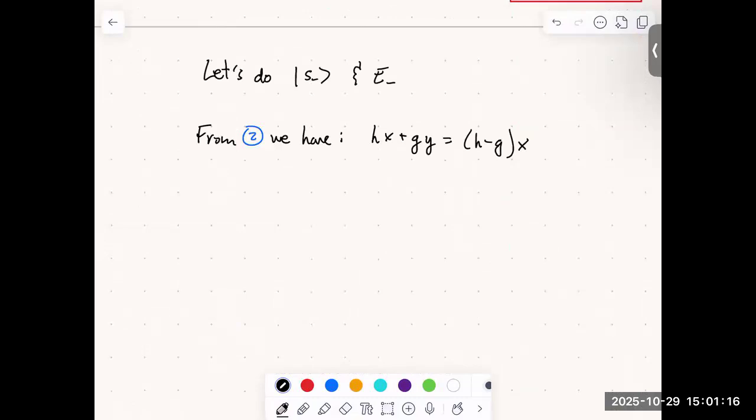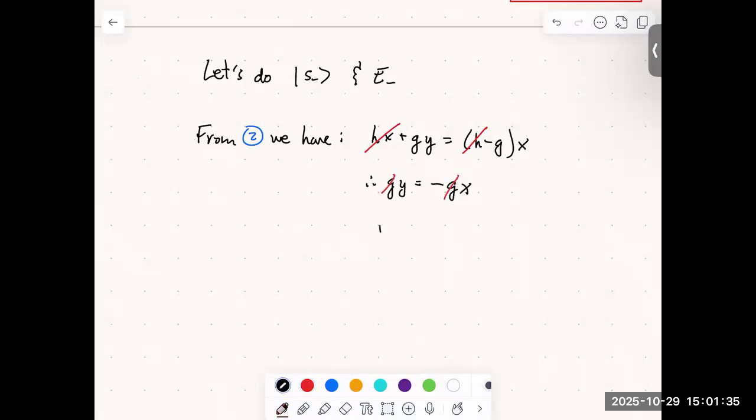Well, a lot of the same stuff happens. We still have hx on both sides, and so those still cancel. And so we end up with gy is equal to minus gx, and the g's cancel.